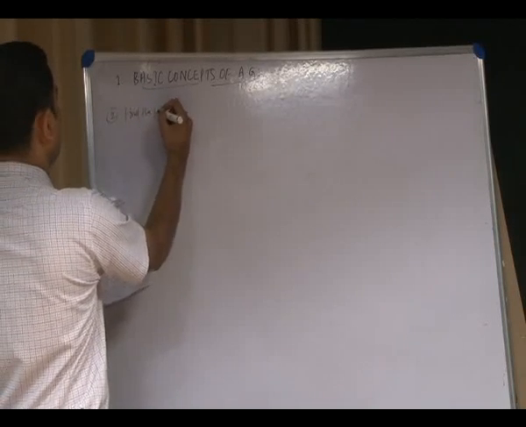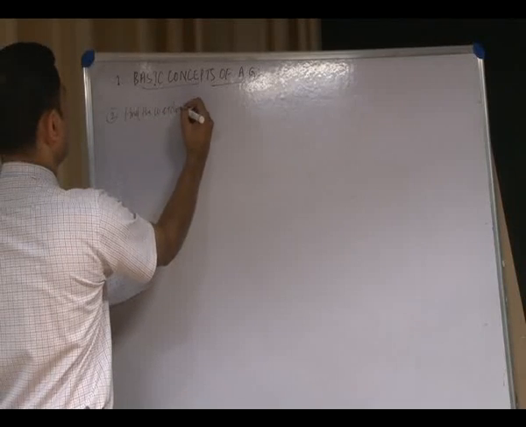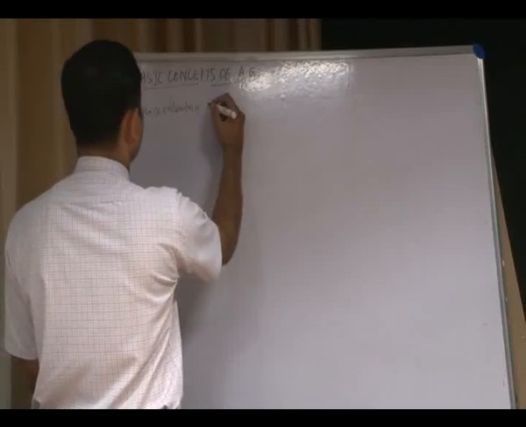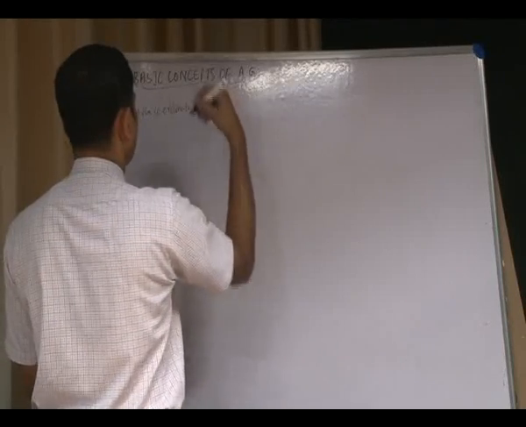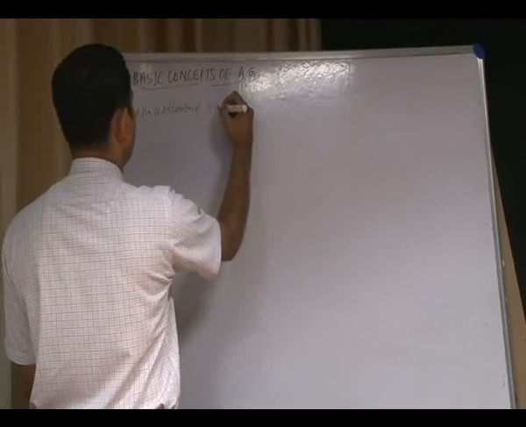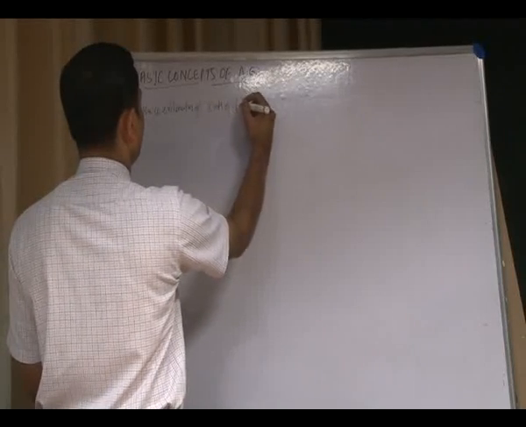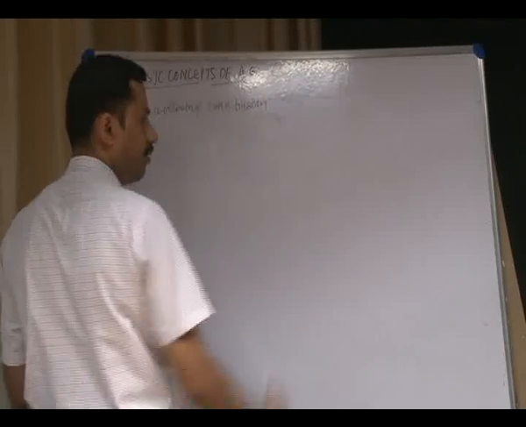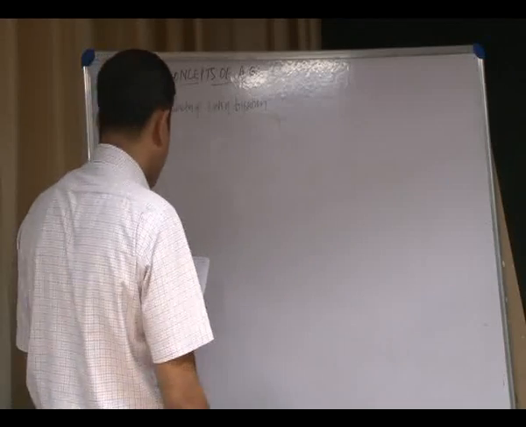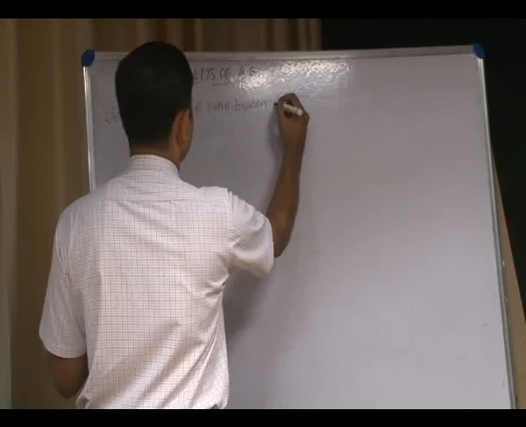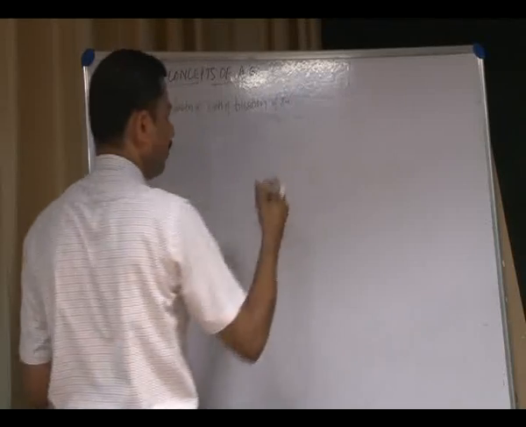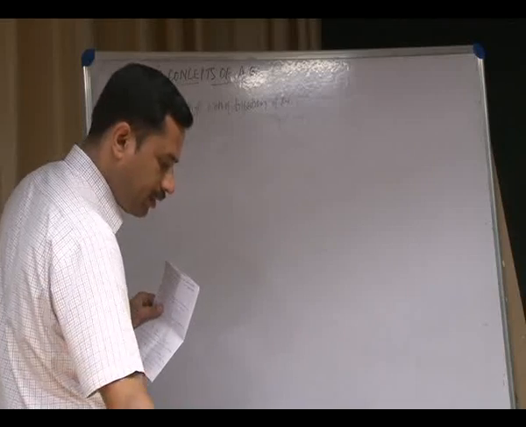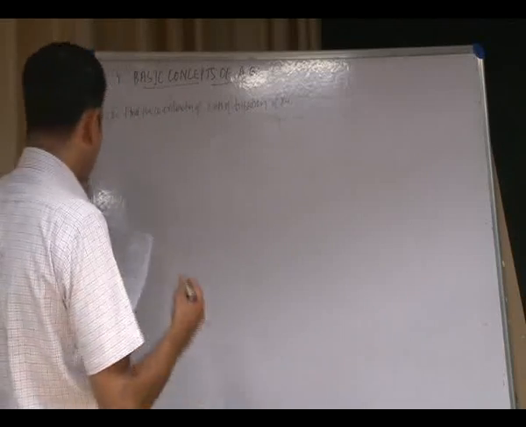Find the coordinates of points of trisection of the line joining two points.